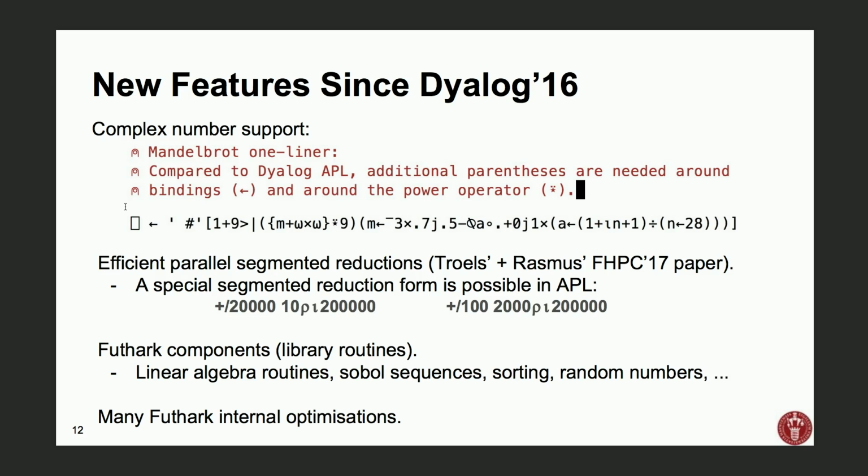Then we have some efficient parallel segmented reductions. There's a paper by Troels and a student at FHPC 17 on the treatment of segmented reductions and how that can be implemented on GPU. Here we have 2 different cases, and the trick is to get both of these to run efficiently.